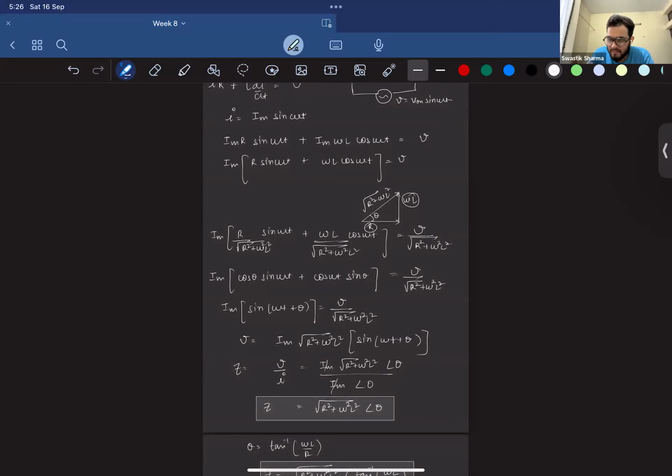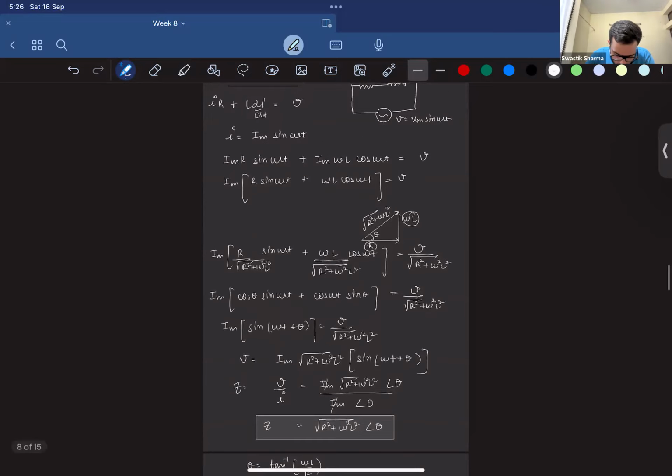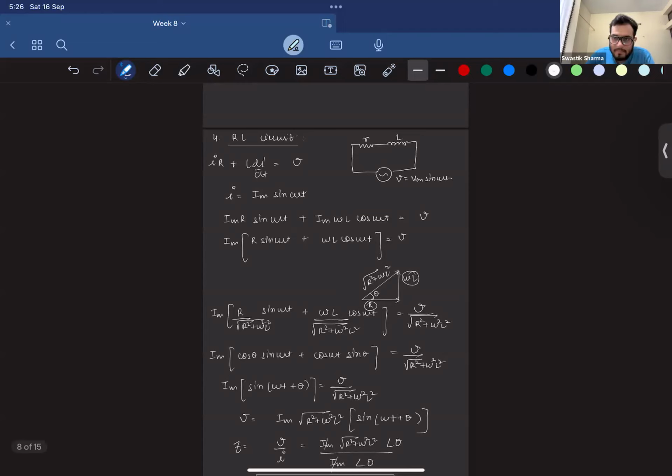So there's a phase difference between them. Due to this phase difference, the impedance is also magnified, you can say.